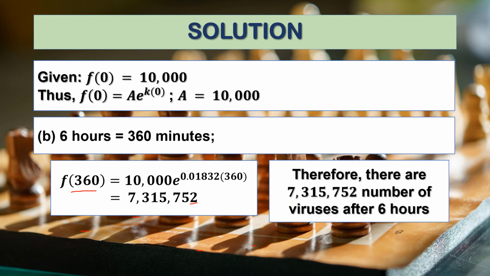Therefore, there are 7,315,752 viruses after 6 hours. By using the formula or the exponential model, we can solve for what is being asked in the problem.